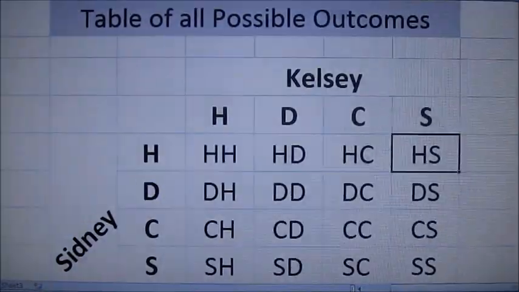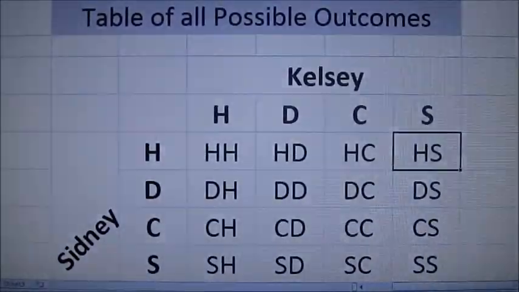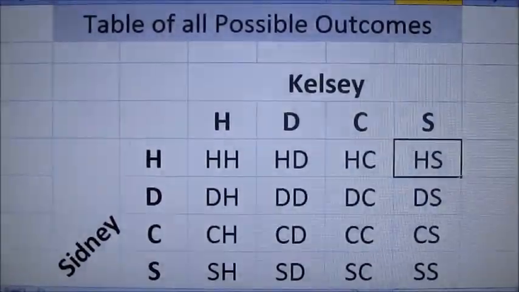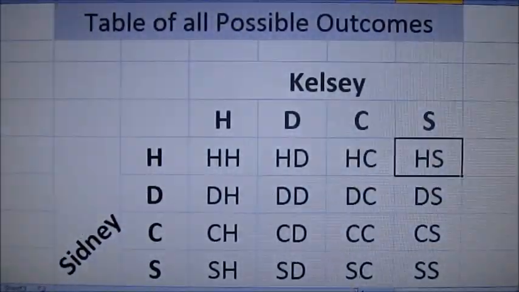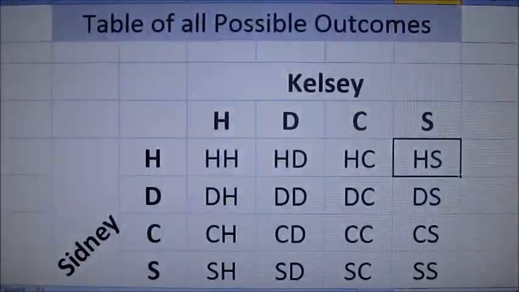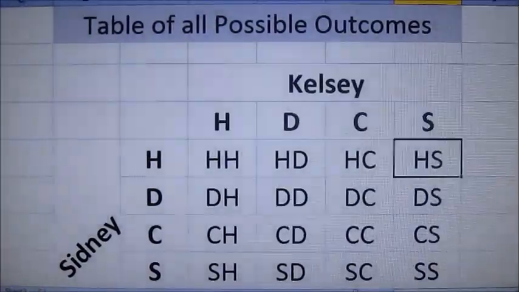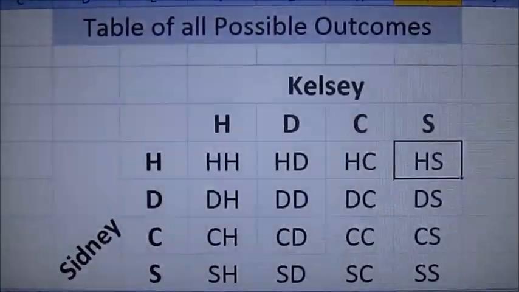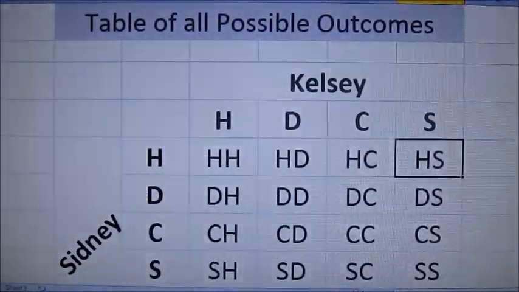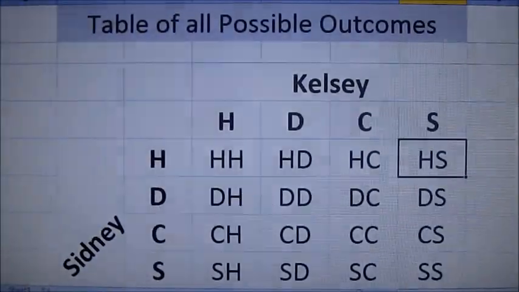The highlighted cell, HS, indicates that Sydney is drawing a heart and Kelsey is drawing a spade. And you can see that there are 16 possible outcomes, and that is one of the 16 possible outcomes. So the chances of those 2 people selecting those 2 suits would be 1 out of 16.